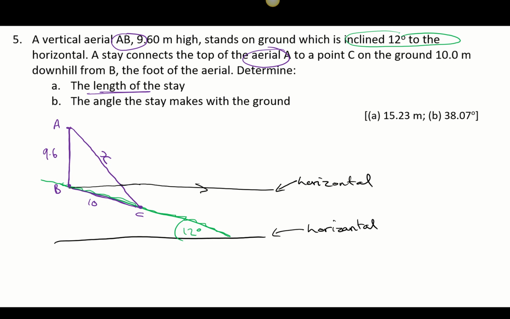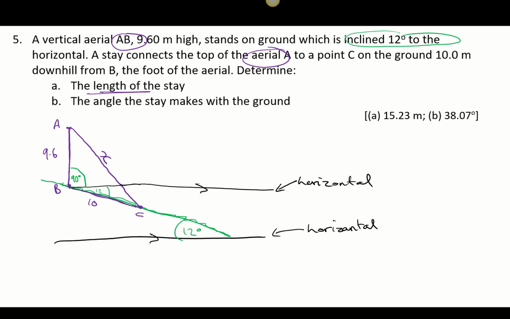This is going to be parallel to the horizontal, so we know that the 12 degrees will be replicated in here. We will have 12 degrees in there, to do with our angles with parallel lines. And then what we've also produced in here is a right angle, because that horizontal, coming from that point, is going to be at a right angle to the vertical post.